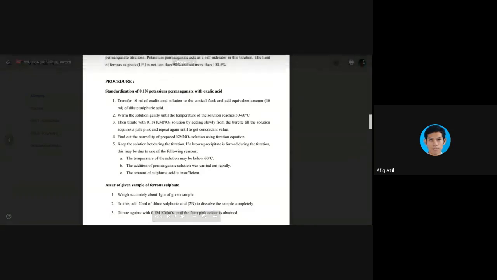First, you have to prepare the oxalic acid solution, 10 ml, and mix it together with dilute sulfuric acid. Then you have to warm the solution up to around 50 to 60 degrees Celsius. Some other references that I have found heat the solution up to 75 degrees Celsius, so it depends on the references you are using.